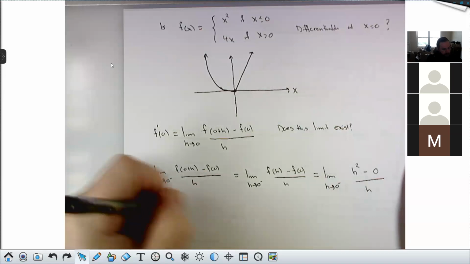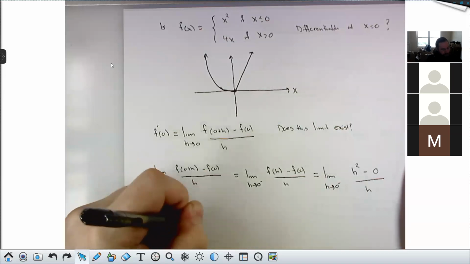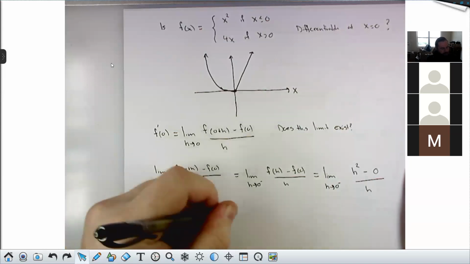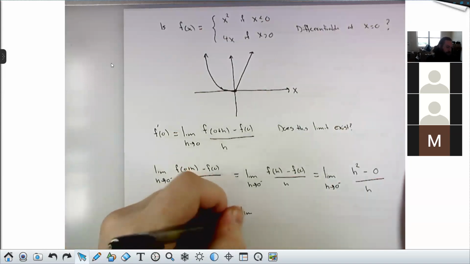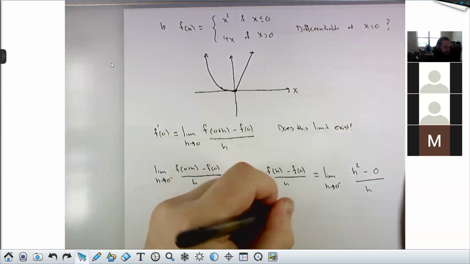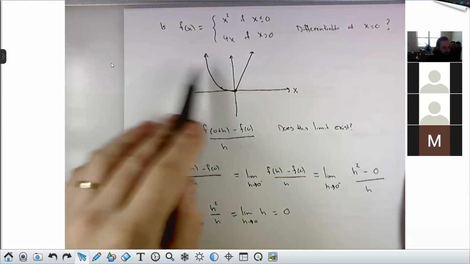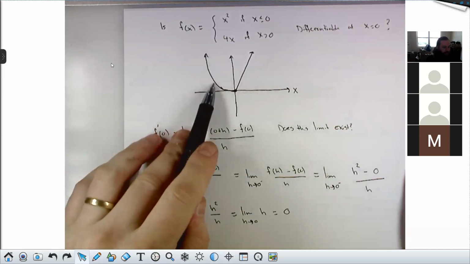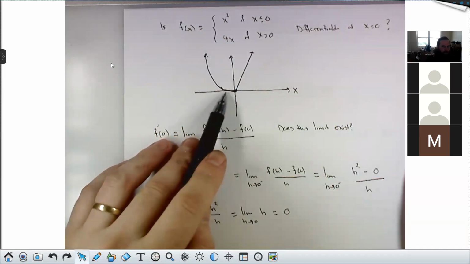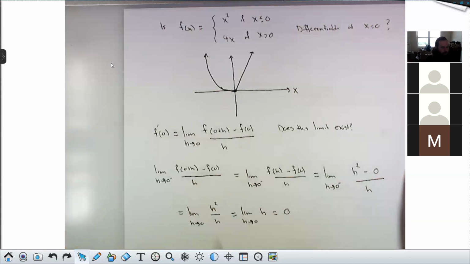So that comes out to the limit as h goes to 0 of h squared over h, which you can cancel, is the limit of h, which is 0. And that makes sense with our graph, right? If we think about the tangent lines coming in here, they are getting shallower and shallower, and right as we get very close to 0 from the left, the tangent line is horizontal. So the limit defining the derivative from the left looks like it's 0.